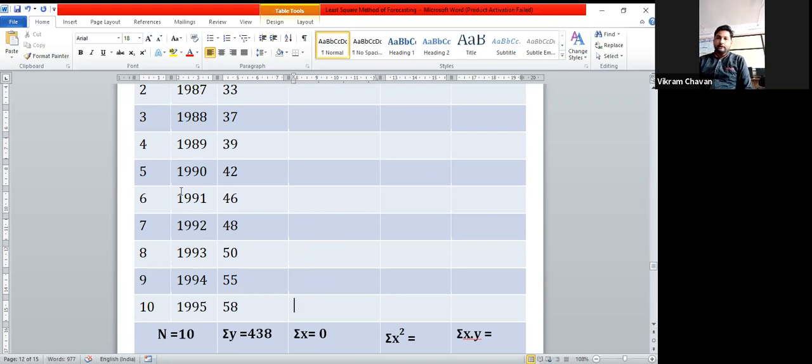Here we have to consider the two middle years in case of an even number of periods. Total number of periods is 10, so this is an even number problem. The fifth and sixth periods, that is 1990 and 1991, are the two middle periods in this case.